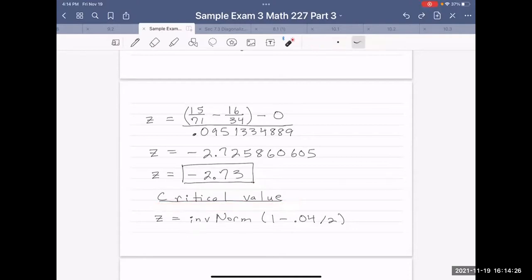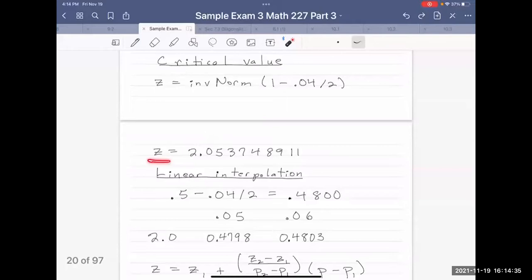Let's find the critical value. I'll just do it on my calculator. And so find the inverse norm of 1 minus 0.04 divided by 2. So z is equal to 2.053748911.